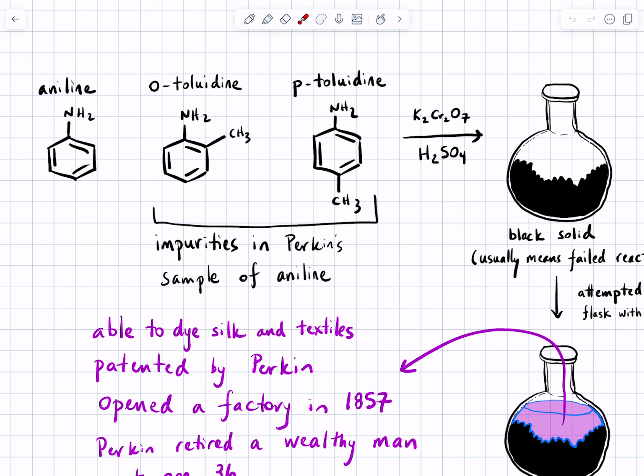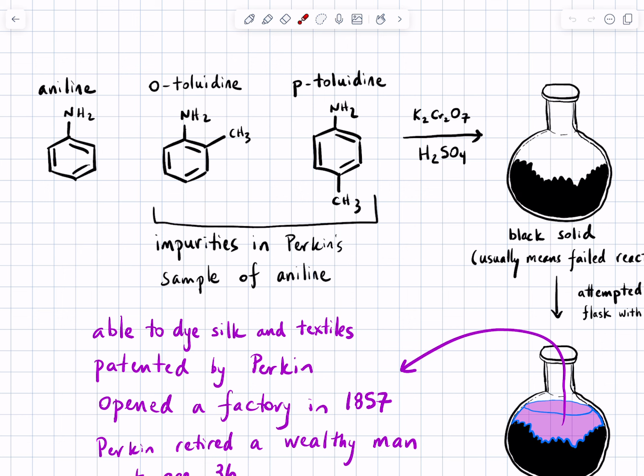What Perkin didn't know and couldn't have known at the time is that his sample of aniline was contaminated with two molecules that are similar in structure but not identical. These are ortho and para-toluidines. Should they be more or less basic than aniline? More, right? Because of the electron donating methyl groups. Anyway, his sample was contaminated with those methyl groups, which turned out to be important.